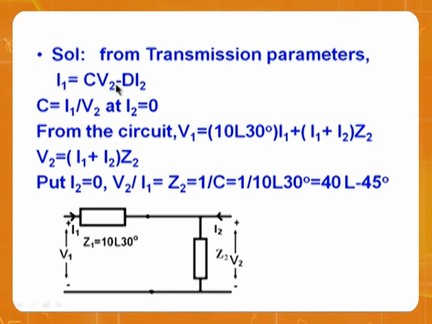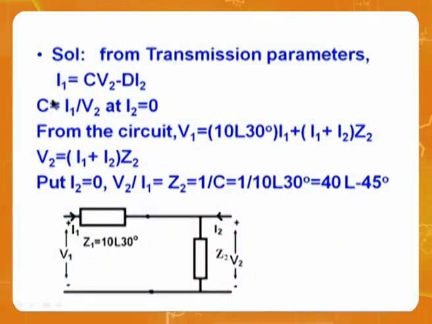Now look at your transmission line parameters. I1 is CV2 minus DI2, because C is linked with the second equation. I am not taking the first equation, I am directly jumping into the second equation. Therefore, if I2 is 0, you will get C. I1 by V2 is C. Put I2 0, then all this current is the same.